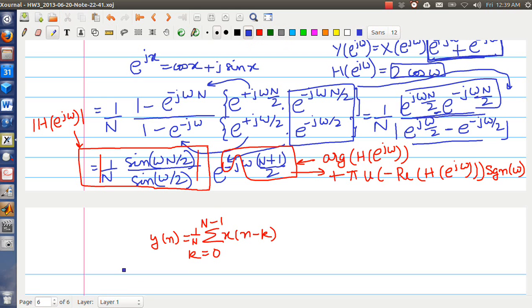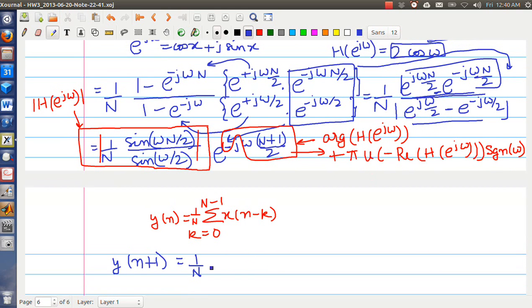How about y of n plus 1? Let's try to write that. That's going to be 1 over n. Now that's the capital N, it doesn't change. Sum over k going from 0 to n minus 1 of x of, here n becomes an n plus 1, minus k.